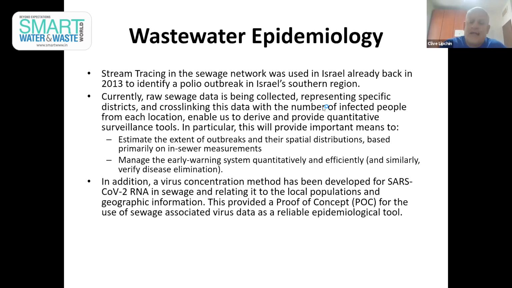And we identified the virus, the polio virus, in the sewage. And we were able to very quickly lock down the communities that were at risk of infection. And very rapidly were able to prevent the spread of the virus.